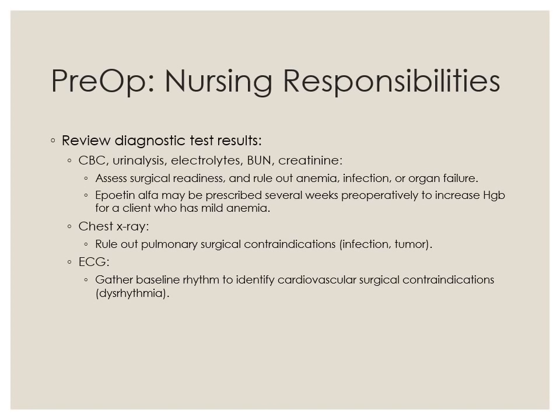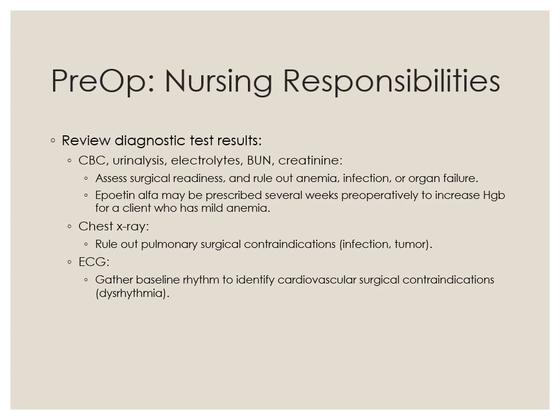We're looking at the electrolytes, BUN, creatinine. We're assessing their surgical readiness, again ruling out anemia, infection, or organ failure. We use something called epoetin alpha for those with anemia preoperatively so that they are built up before surgery.